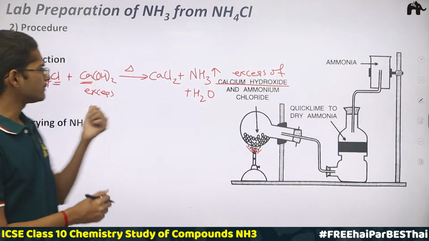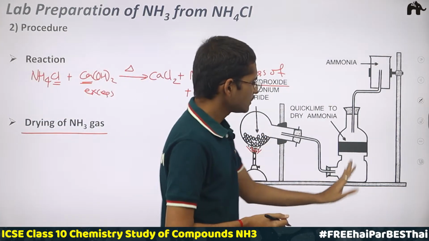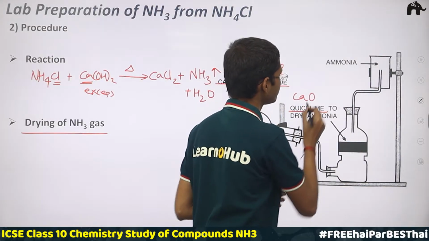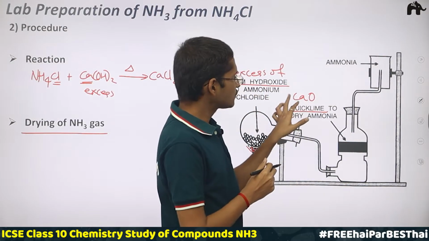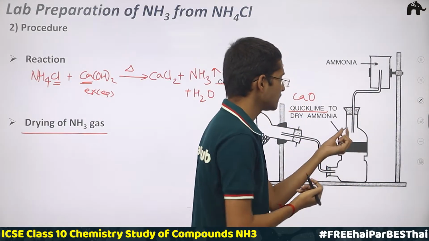Now what we are going to do is, we are just going to dry the ammonia gas. Here in this drying tower I have already placed the quicklime, calcium oxide, which is a drying agent. Now this quicklime dries our ammonia. So when ammonia passes through it, ammonia gets dried.